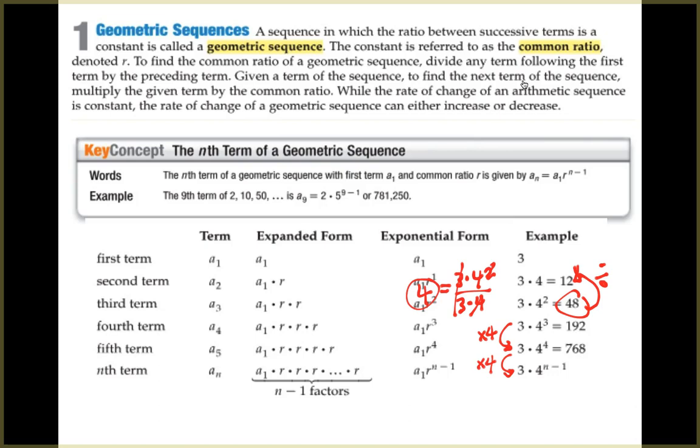And so what we see here is our general formula: a sub n is the first term times the ratio to the n minus 1 power.